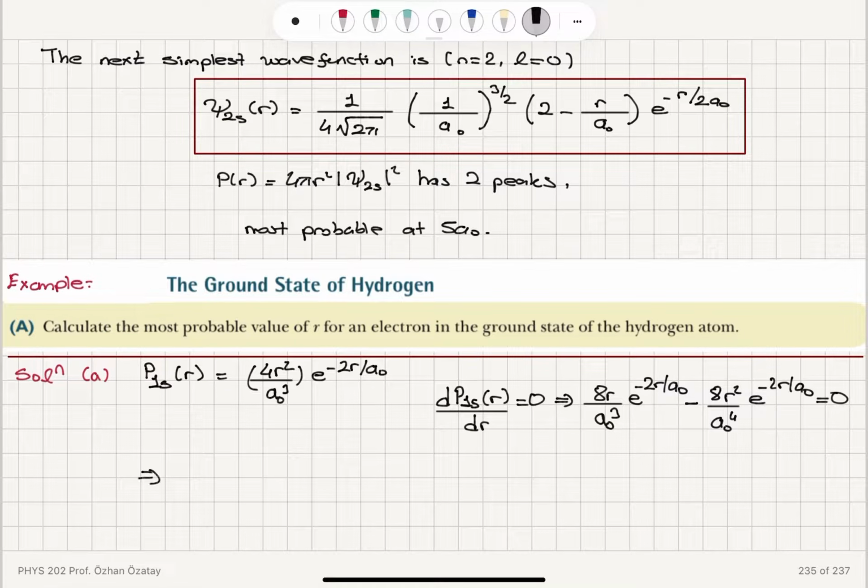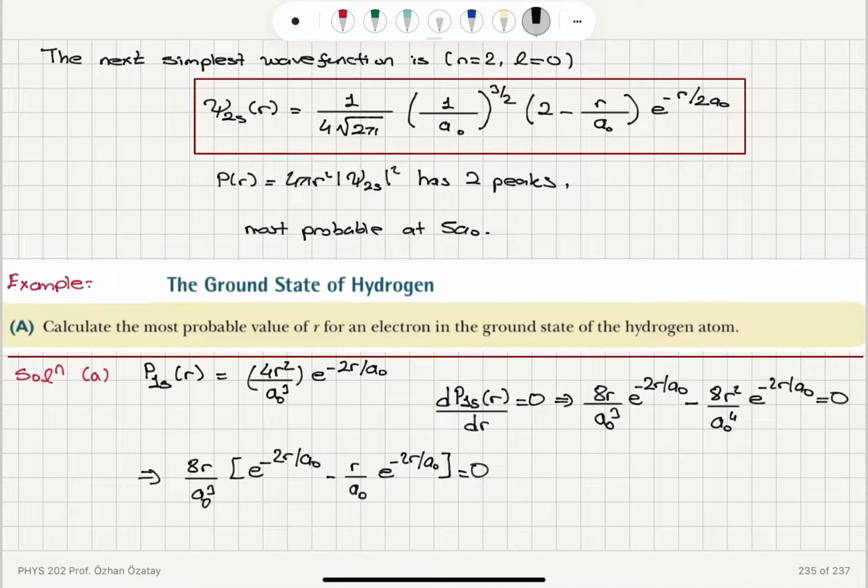Okay, so in 8r over Bohr radius cube parentheses, we have e to the minus 2r over a0 minus r over a0, the Bohr radius, e to the minus 2r over a0. So I should have taken the exponential out as well.